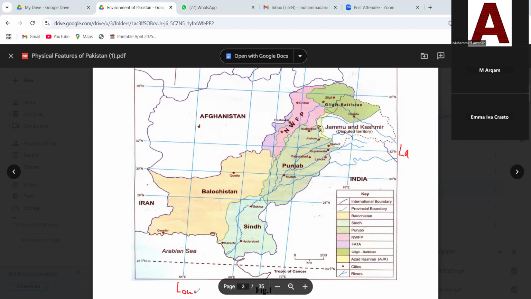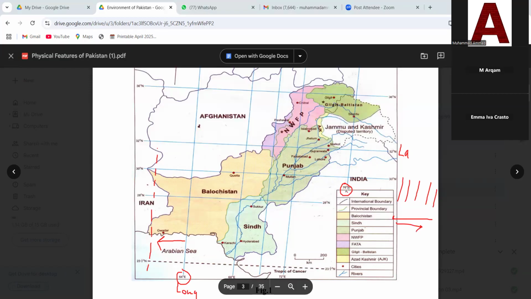So Pakistan is located in between this line here, which is a bit towards the left from 64 degrees east, and it ends up around 76 degrees east. Remember, longitudes go from east to west. Why? Because although they're vertical lines, they travel sideways like this, west to east and east to west.